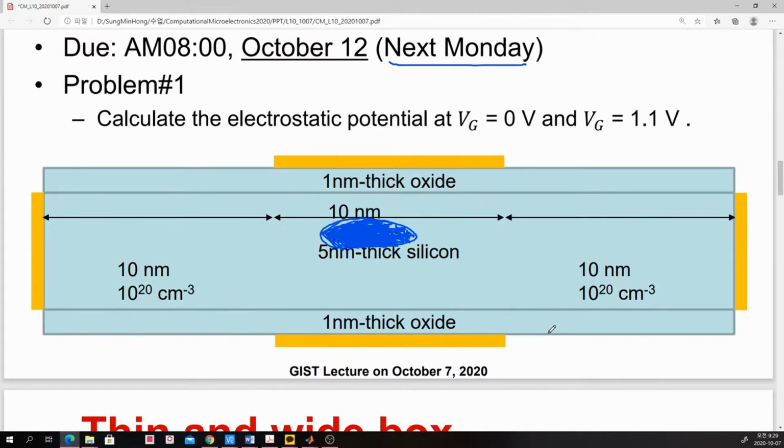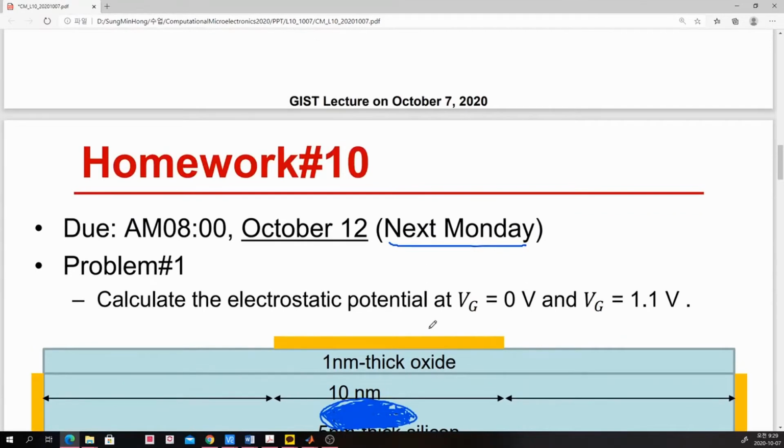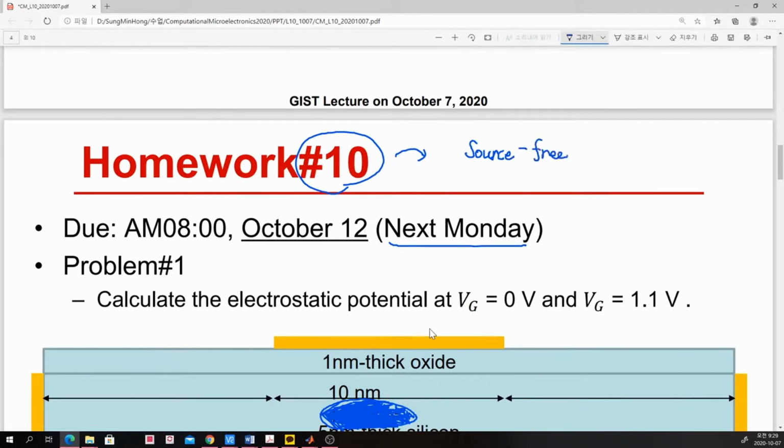Even if you have done all our homeworks quite well, I'm afraid that homework number 10 can be particularly difficult for most of you. Therefore, I suggested to first implement the source-free Poisson equation solver.